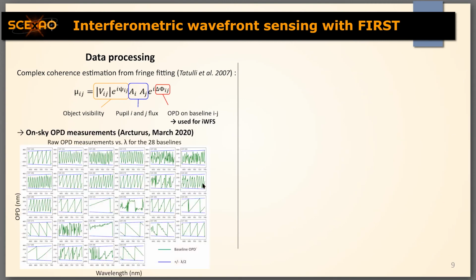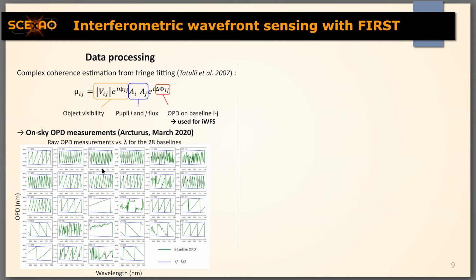Interferometric wavefront sensing. From the 9 holes in the pupil plane, we have 28 pairwise baselines. But when we take the argument of the measured visibility, we realize that there are a lot of phase wraps. In this figure, the 28 inserts are the OPD over each baseline, and the blue lines for each baseline are plus or minus half a wavelength.